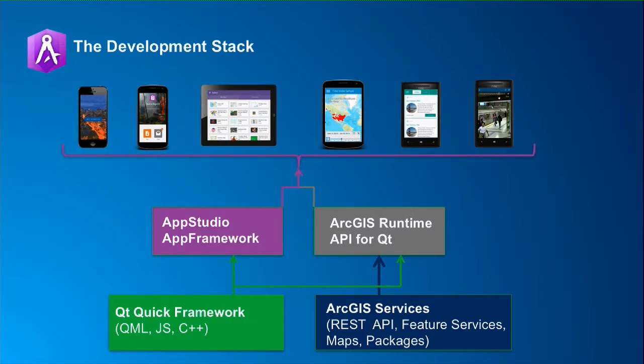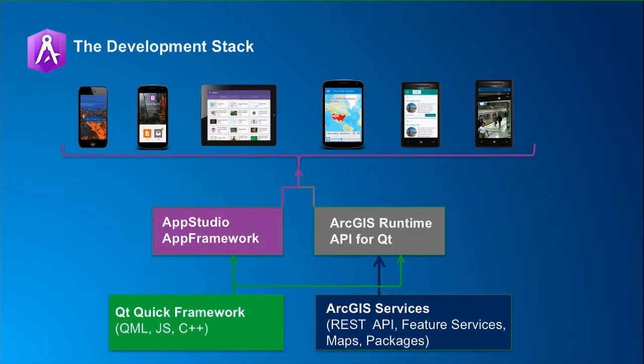A little bit about the development stack of AppStudio. If you can see here, on the very top, those are all the apps that are created using AppStudio. Underneath that, it uses something called the AppStudio App Framework that gives you the capability of native app functionality, camera, vibration, notification, and all of that. It also has the power of ArcGIS Runtime API for Qt.